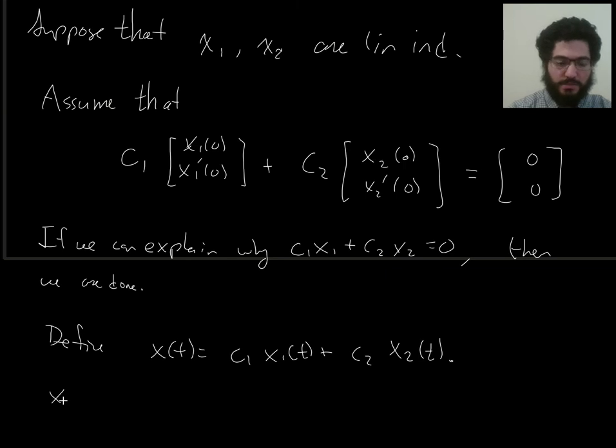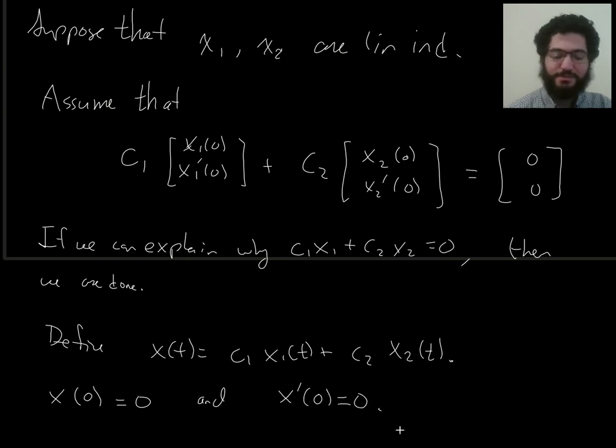So that tells me that x of 0, that's C1 x1 of 0 plus C2 x2 of 0, is 0. And we are also told by the two equations here, the second equation says C1 x1 prime of 0 plus C2 x2 prime of 0 is 0. So x prime of 0 is 0.